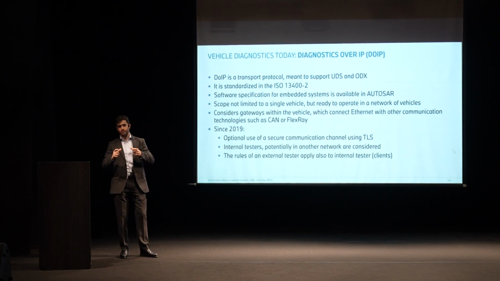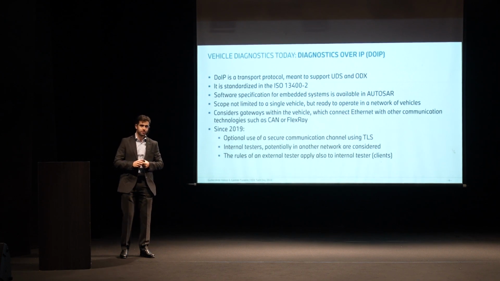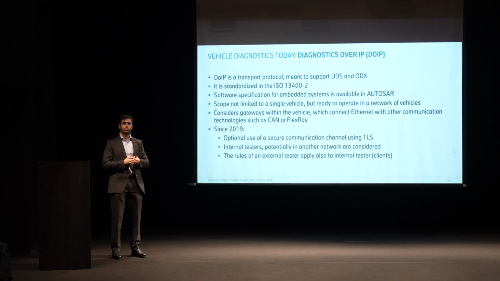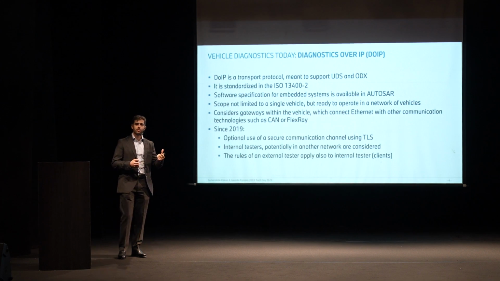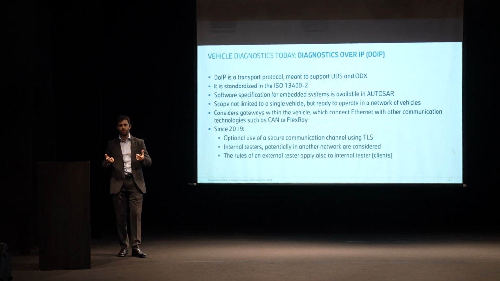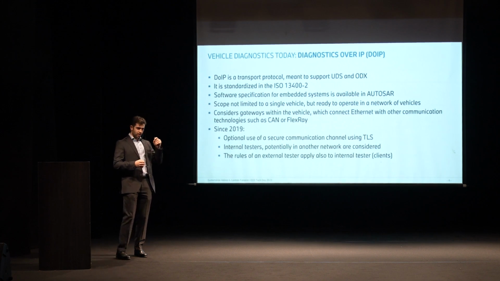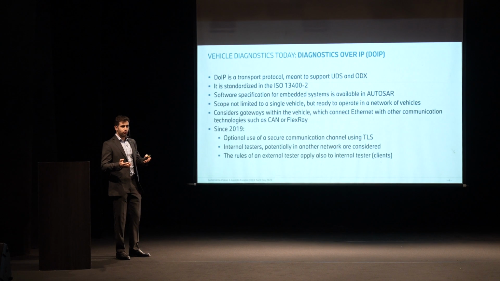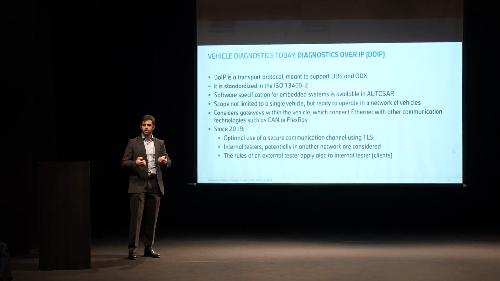Also, the scope of the protocol is not just limited to a single vehicle, but it's meant to operate in a network of vehicles. And it not just considers all DoIP entities in the vehicle. It is also considering some legacy communication systems such as CAN or FlexRay, and therefore vehicle gateways are considered in the protocol.